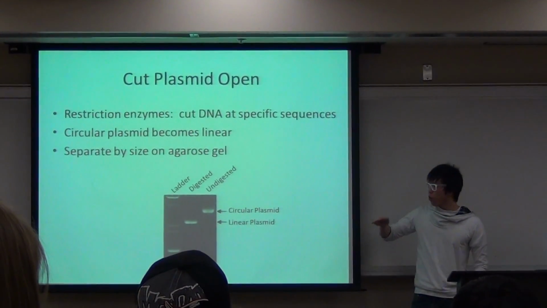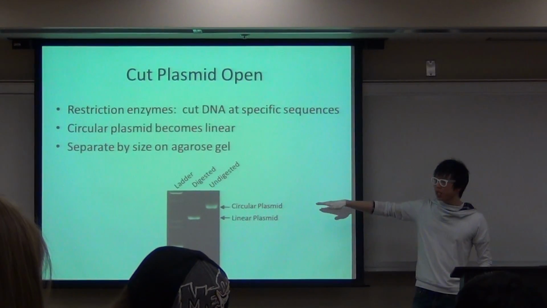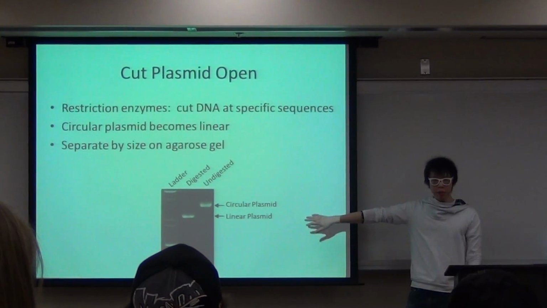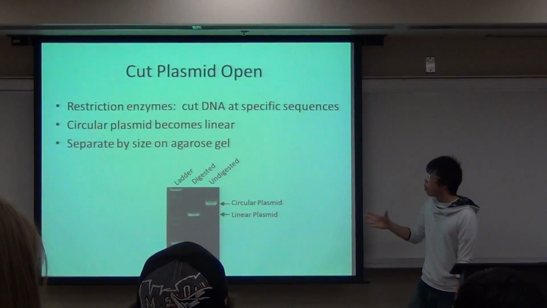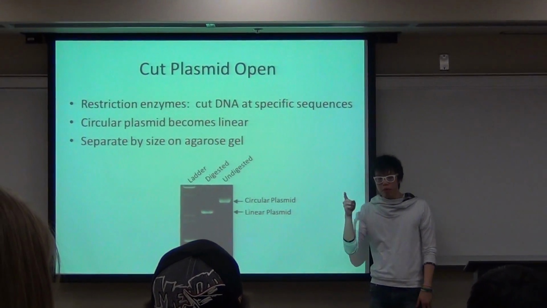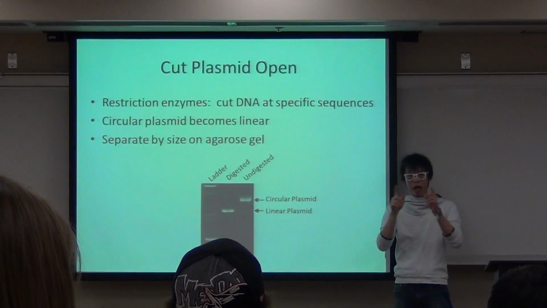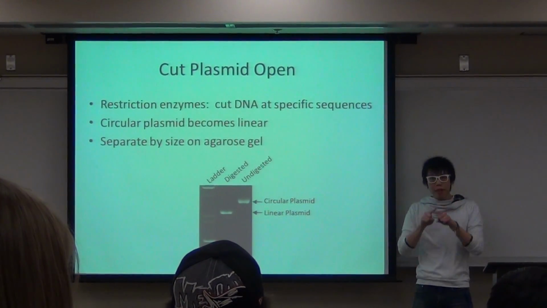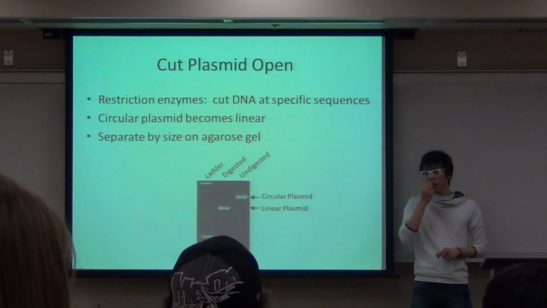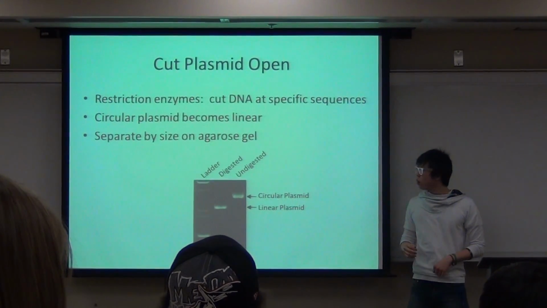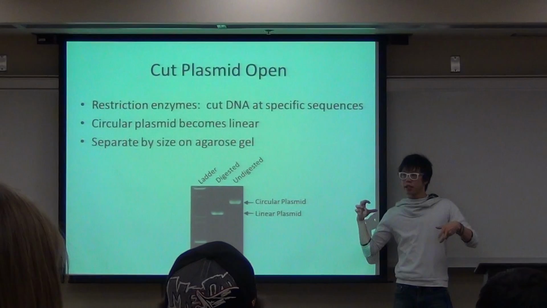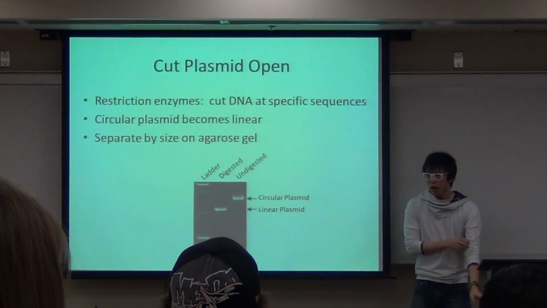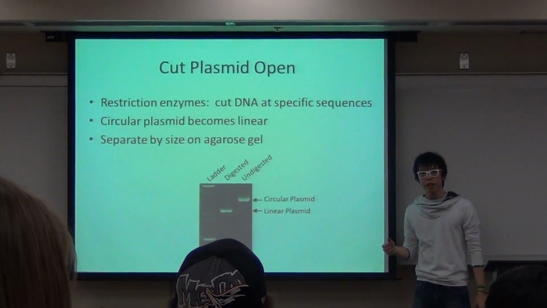And so when you run something on the gel, you're actually separating it by size. So I'm just going to explain an agarose gel to you. If you remember, the DNA is plasmid DNA, so that means it's circular, so it goes all the way around. And that kind of becomes a problem when you want to separate stuff by size, because it can get twisted up, and it can get twisted up with other pieces of DNA as well.